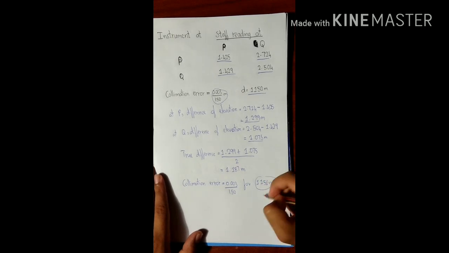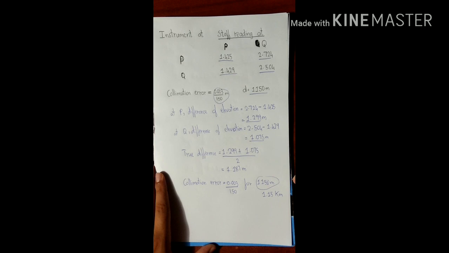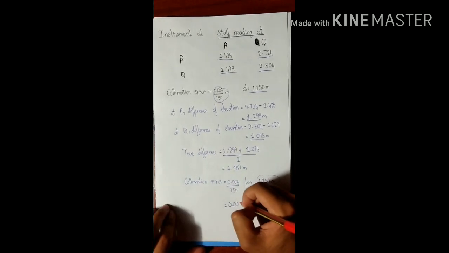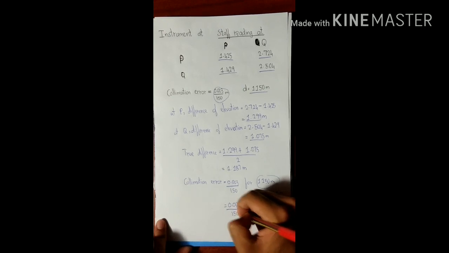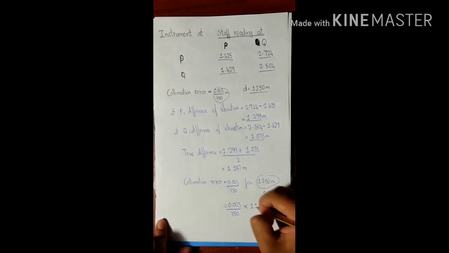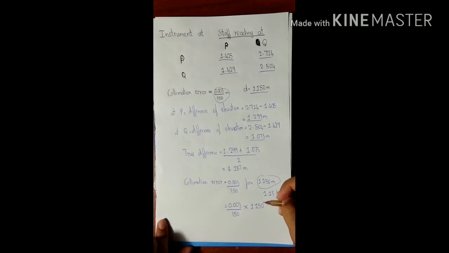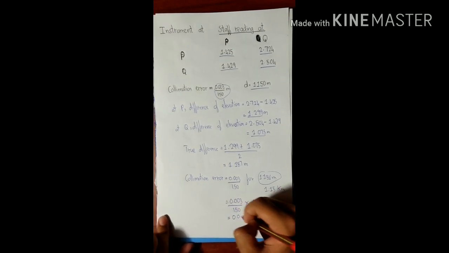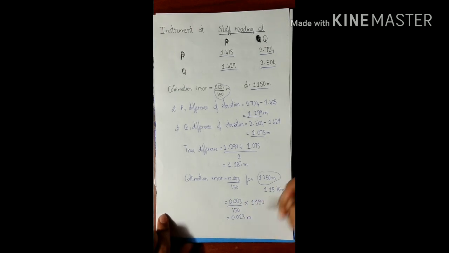We can write 1150 meters as 1.15 kilometers also. So it is 0.003 divided by 150 times 1150. The answer will be, the collimation error will be about 0.023 meters.